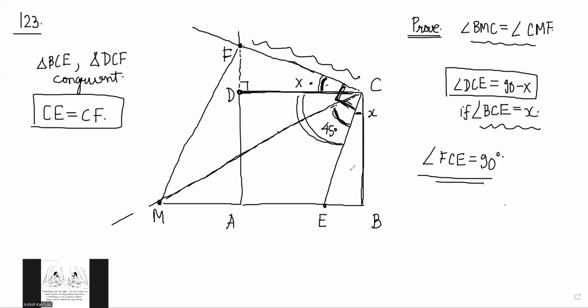SAS. So one angle is there, two sides are there. So the triangles are congruent, the big triangles, right? So this angle and this angle are equal then, correct? Similarly, the next part of it can also be done, which I will leave to you. You have to do it yourself.